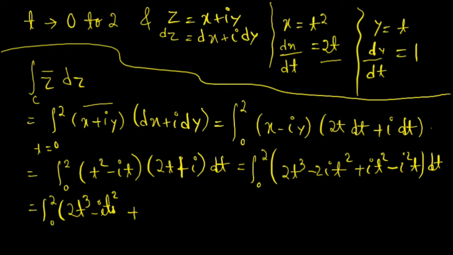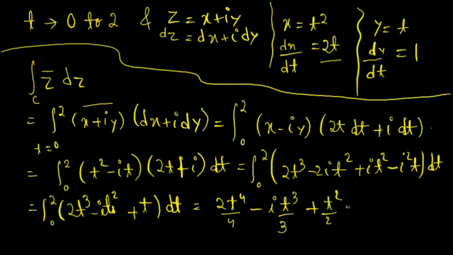This i squared is minus 1, so therefore minus minus plus t dt. After integrating we will get 2t to the 4 by 4 - it cubed by 3 + t squared by 2, and the limit is going from 0 to 2.